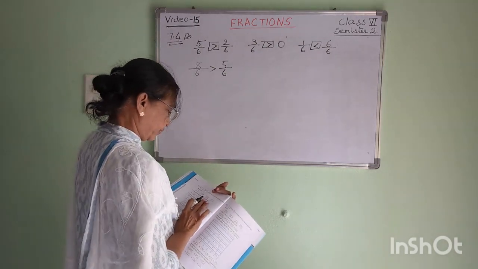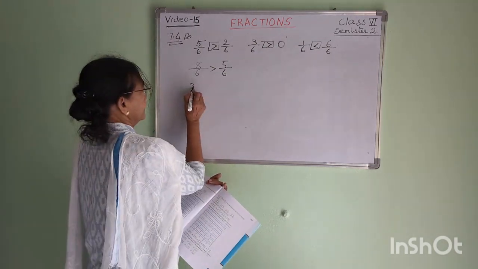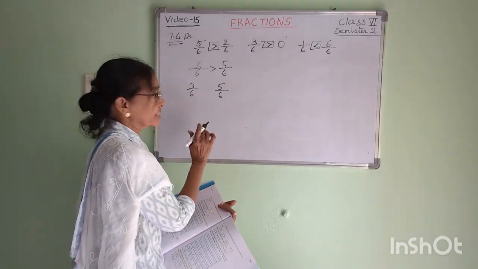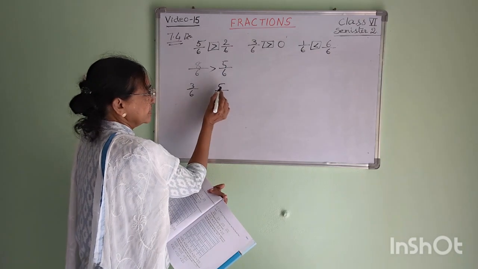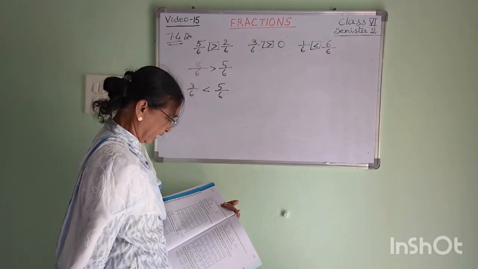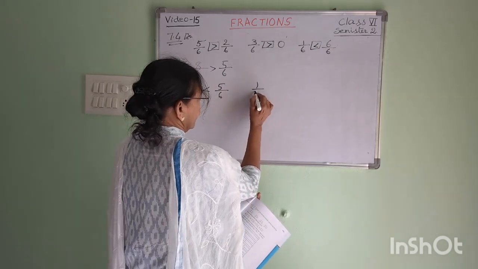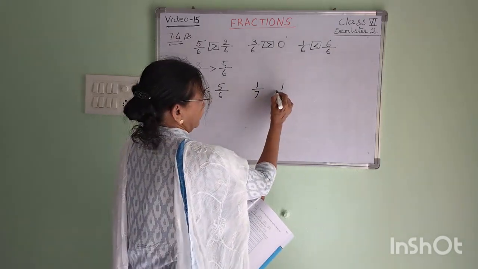Compare the fractions and put an appropriate sign. 3 by 6 and 5 by 6. These two are like fractions. Therefore, 3 is less than 5. Therefore, 3 by 6 is less than 5 by 6. Next, 1 by 7 and 1 by 4.